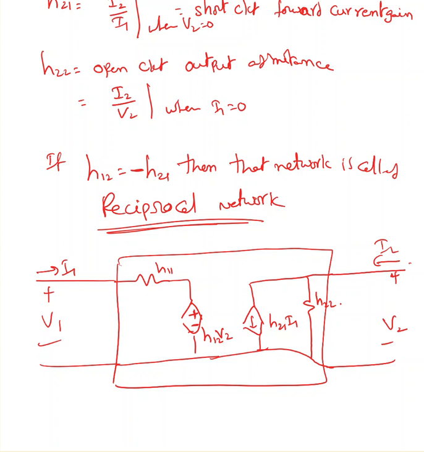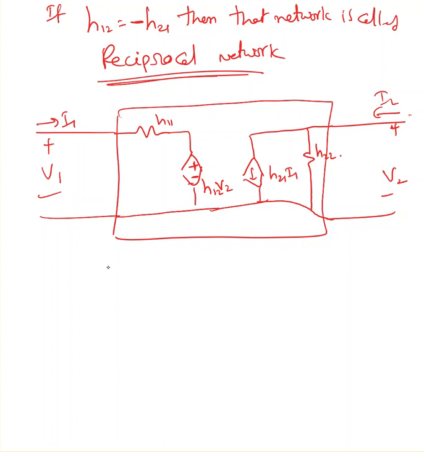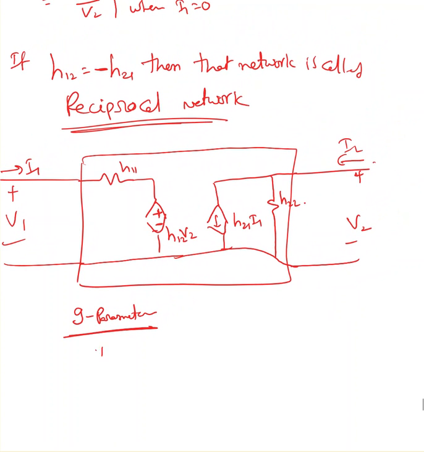Now there are other parameters similar to the h parameters. Those are called g parameters. I'm not going to go too deep into them, but I'll give you the equations.